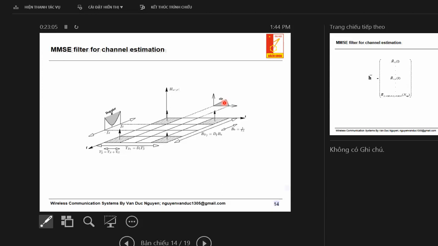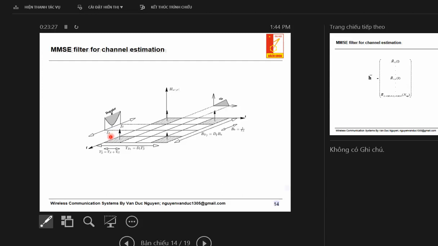Based on the pilot symbols, you can calculate the channel coefficient at the pilot position.